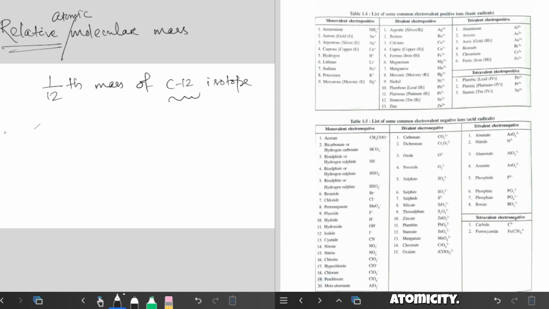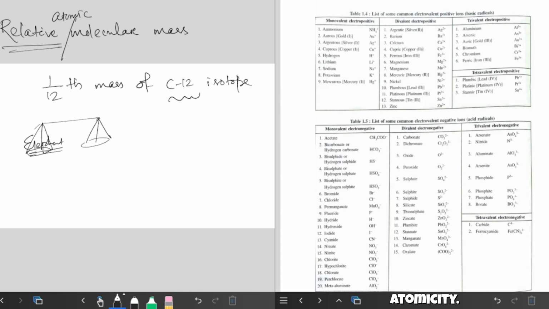So let me just give you a simple example. Suppose let me put an elephant here, right? Elephant.